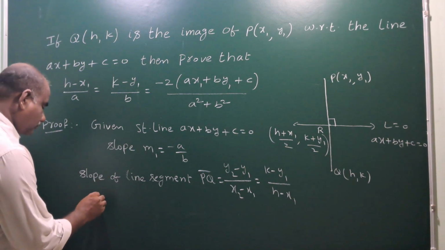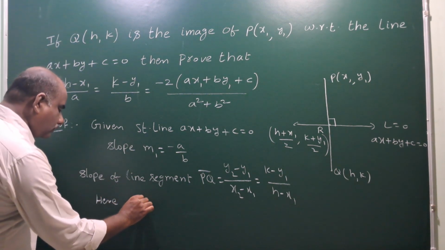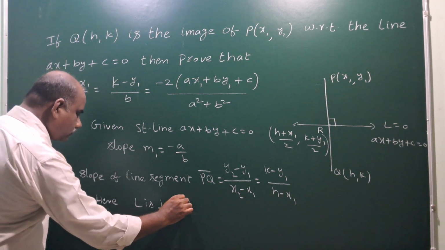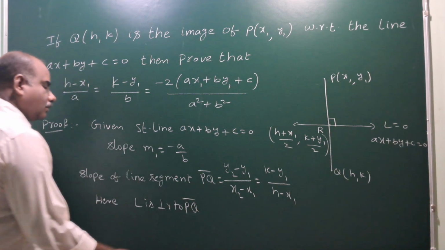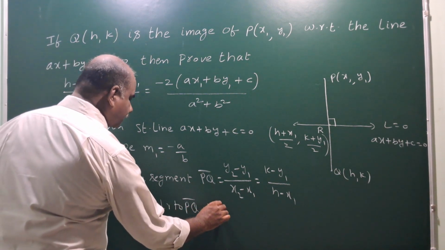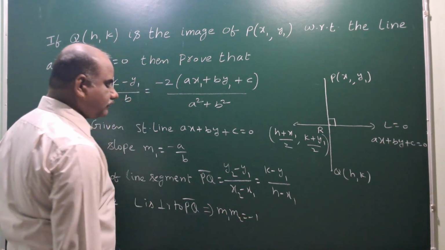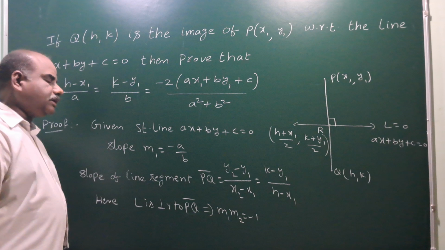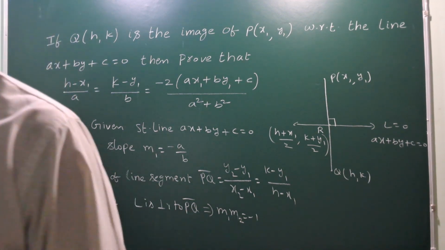Therefore, here L is perpendicular to PQ, which implies the product of slopes is equal to -1. If two straight lines are perpendicular, then the product of slopes is equal to -1. Okay, let us see continuation.